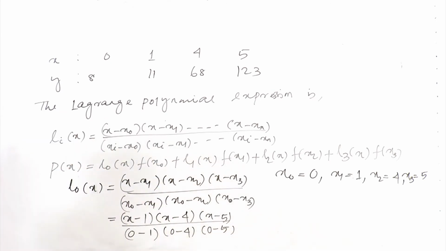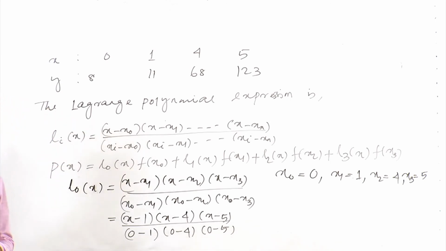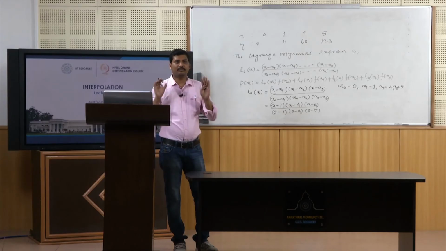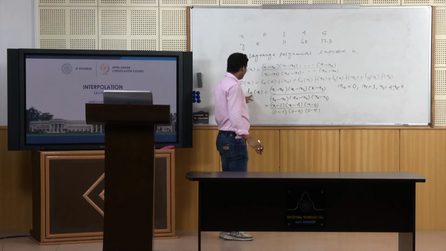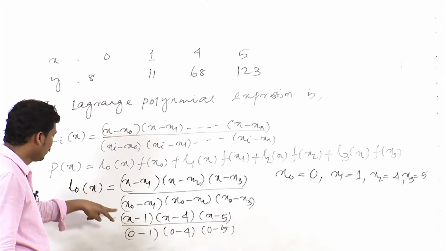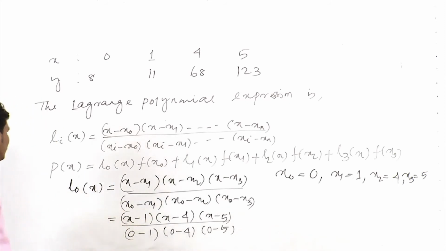So, if we want to evaluate L0(x) at the point 2, since the question asks to evaluate the functional value at point 2, directly we can replace here L0 at the point 2, putting 2 in the position of x in each of these expressions.